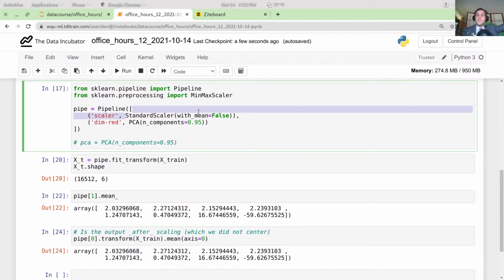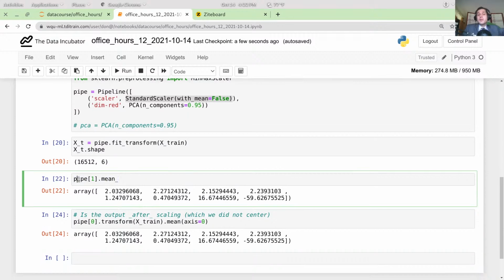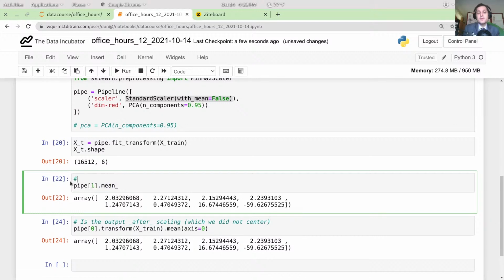So to recap here, here's a scalar, but since we said with mean false, it doesn't center it. So the data that comes into the PCA, that second step of my pipeline, needs to be centered. And we proved it to ourselves because we look at pipe 1 and we realize that it has a mean. This right here is the means of the data that came into the PCA.